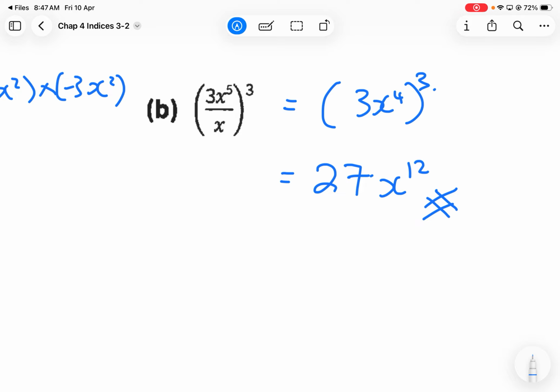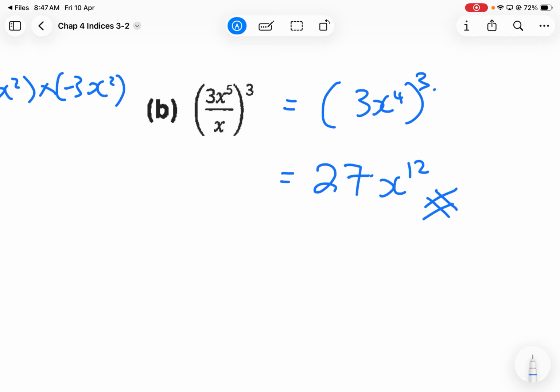Why 5? Here I divide first already. X to the power of 5, I divide by an x, so this x cancels away.